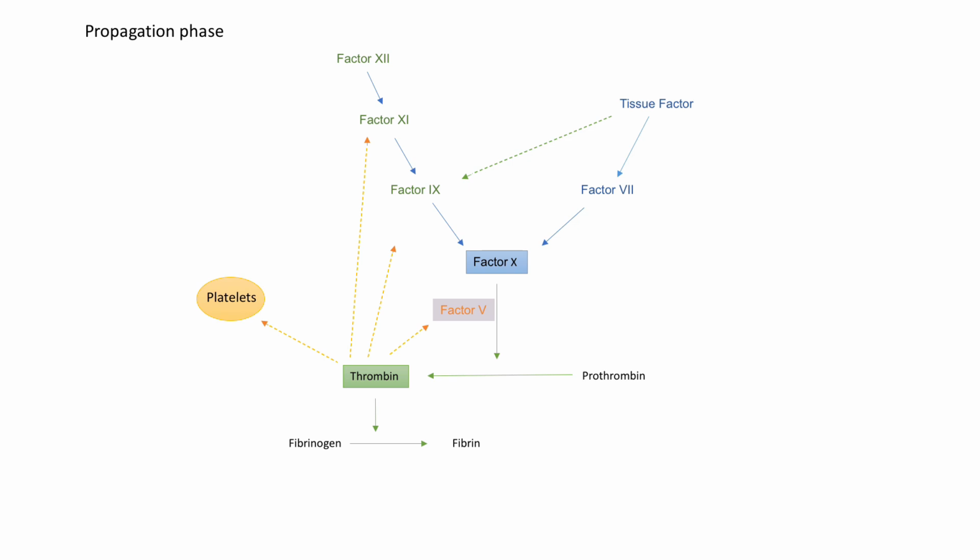Activated factor 5 with activated factor 10 converts prothrombin to thrombin, and activated factor 8 combined with activated factor 9 results in activation of factor 10. There is a special mechanism that results in inactivation of both these cofactors that we'll discuss later.